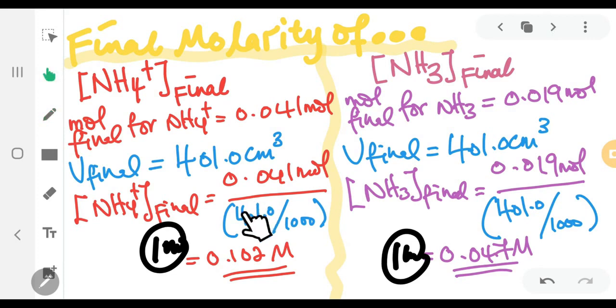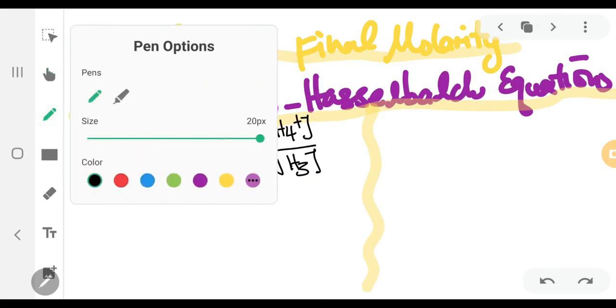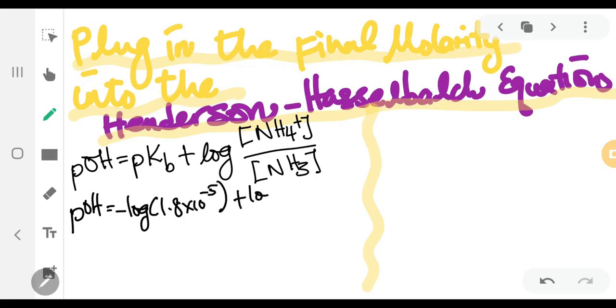So we're going to take the final molarity now and plug into the Henderson-Hasselbalch. The pOH is negative log 1.8 times 10 to the power of negative 5, plus log, and on top here is 0.102 over 0.047.